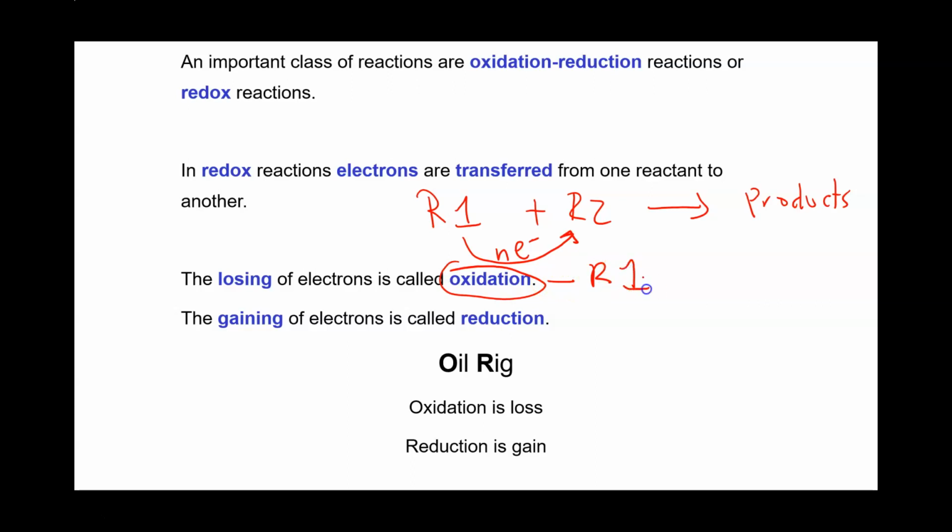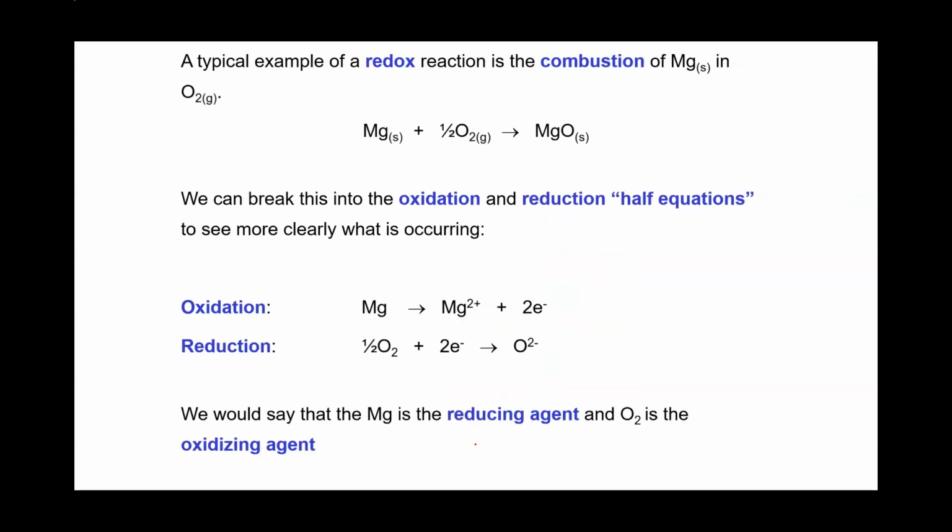In this case that would be R1, and the other reactant will gain some electrons and undergo reduction, which in this case would be R2. There's a little memory aid that we can use to help us keep track of what these terms mean, and that's OIL RIG, where we're writing that to indicate that oxidation is loss, OIL, reduction is gain, RIG.